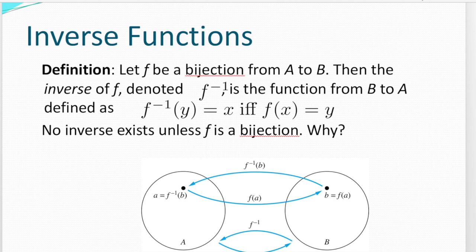So any element in the domain is mapped to an element in the codomain, and any element in the codomain is mapped by the relationship under the function f from an element of the domain.